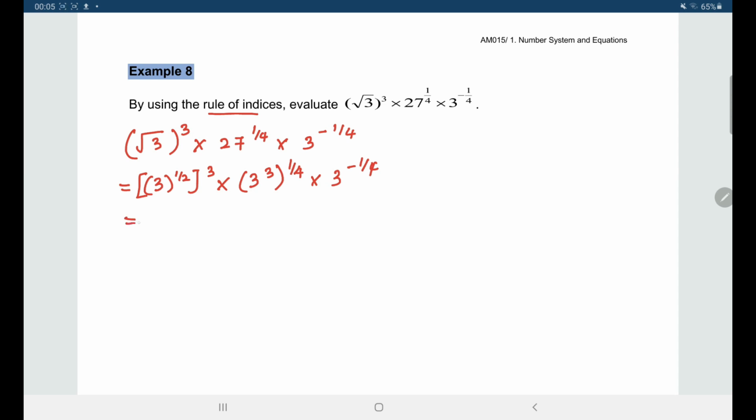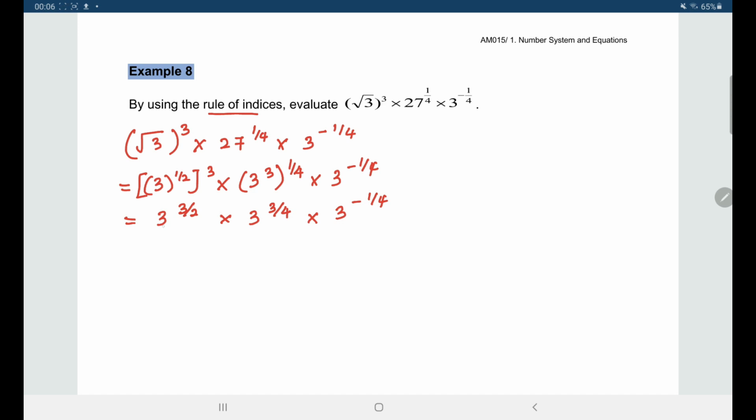Then simplify, we get 3^(1/2 times 3), we get 3^(3/2) times 3^(3 times 1/4), we get 3^(3/4) times 3^(-1/4).